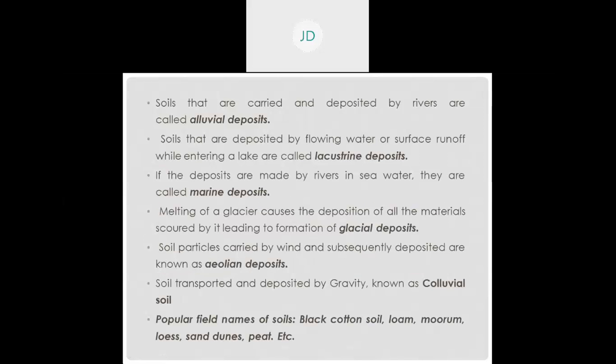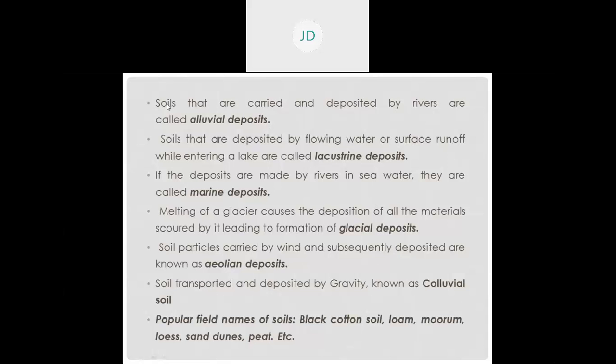So these are some types of transported soil: alluvial soil or alluvial deposit, lacustrine deposit, marine deposit, glacial deposits, aeolian deposits, colluvial soils. The only difference between them depends on the mode of transportation.